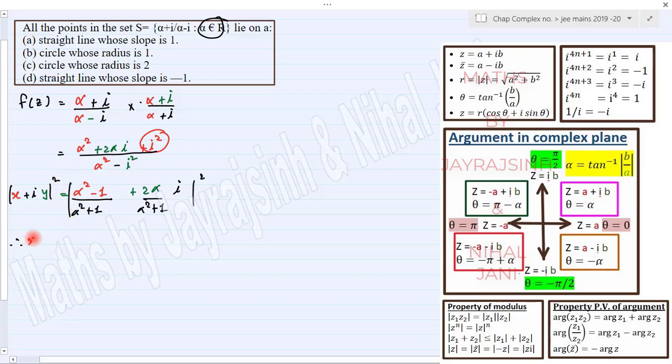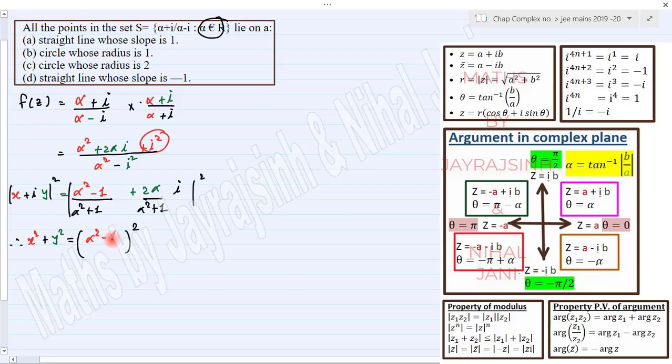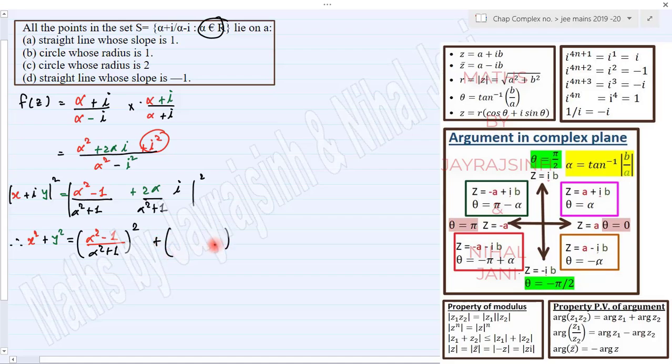So we'll get x square plus y square equal to the square of the real part, which is (alpha square minus 1) upon (alpha square plus 1), plus the square of the imaginary part, which is 2 alpha upon (alpha square plus 1).